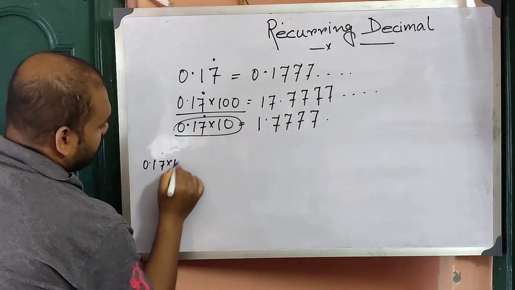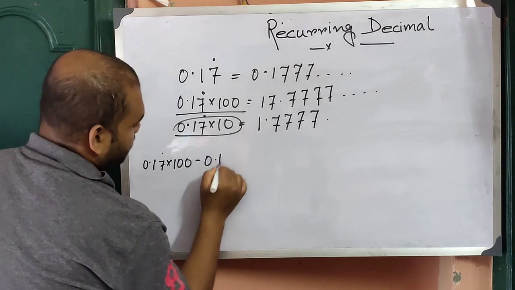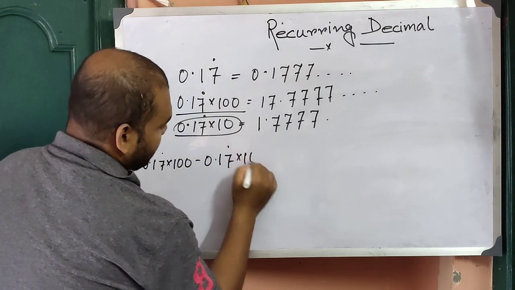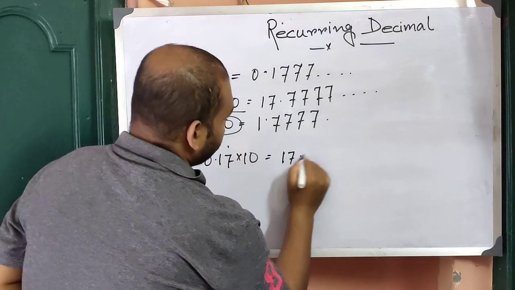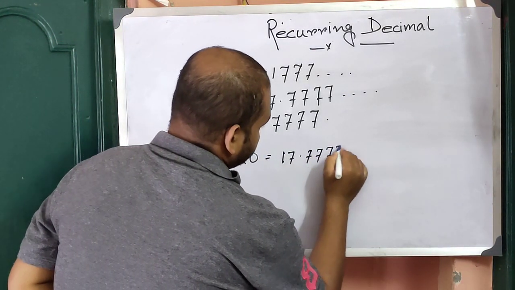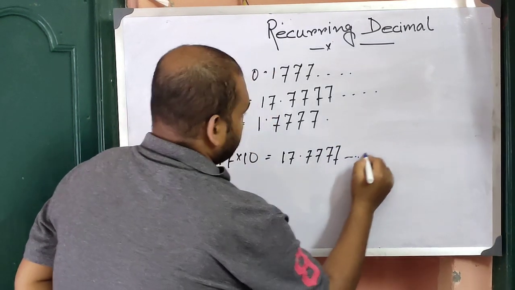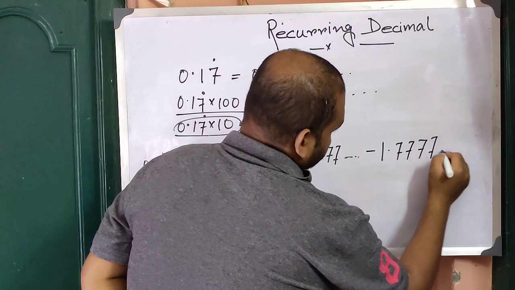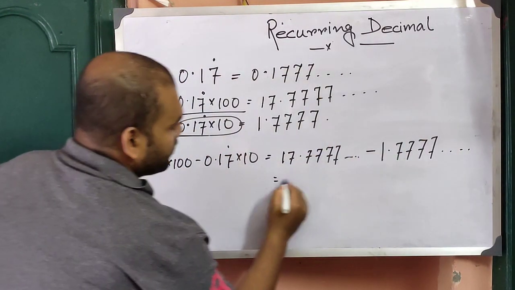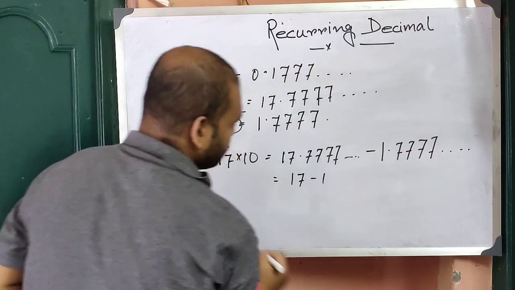If you subtract this one from this one, it will give you 0.17 recurring into 100 minus 0.17 recurring into 10 is equal to 17.7777 dot dot dot minus 1.7777 dot dot dot. So it will give you 17 minus 1.